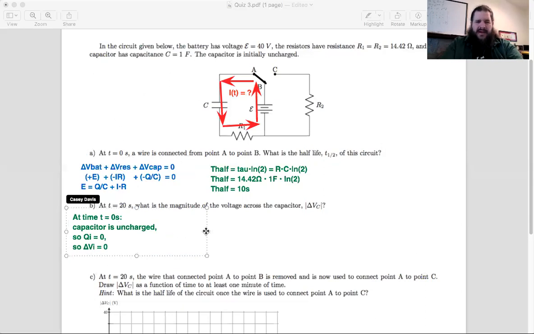But if we take a look at the after a long time situation, because that's where we get the asymptote, eventually the capacitor is going to be full, which really means how much voltage? What should we assume about the voltage on the capacitor after a long time?